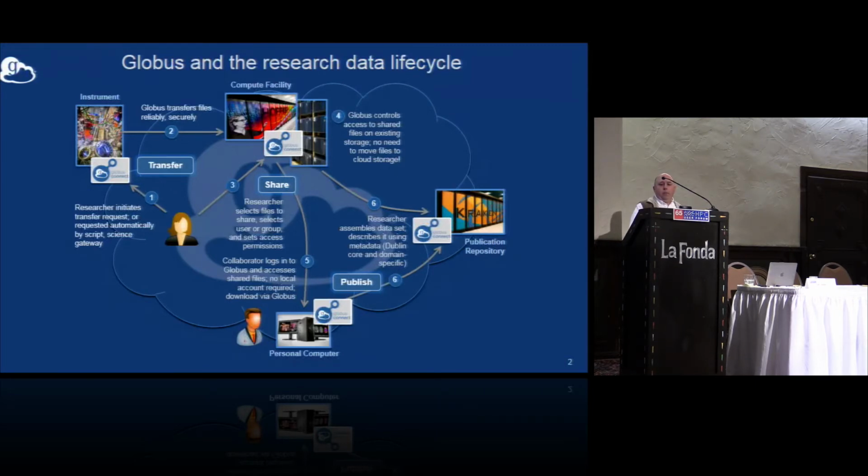And then arrange for both the metadata and the data itself to be moved into a long-term repository, which is probably hosted in a research library or a data facility. So that's the whole life cycle that we're trying to enable with Globus. And all of it is available in some form today.